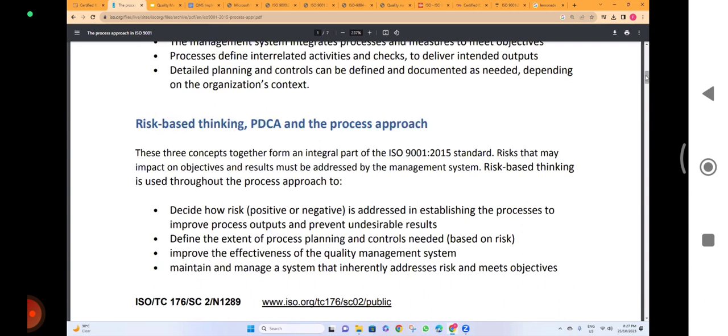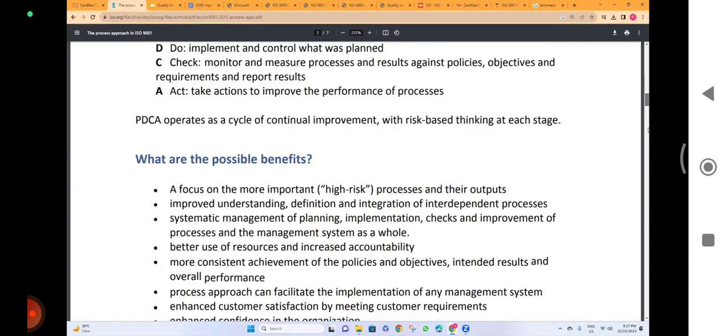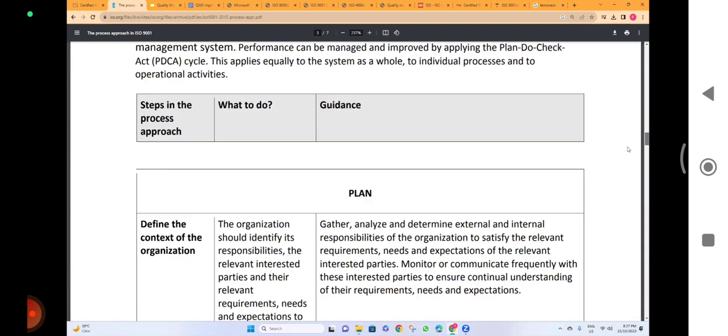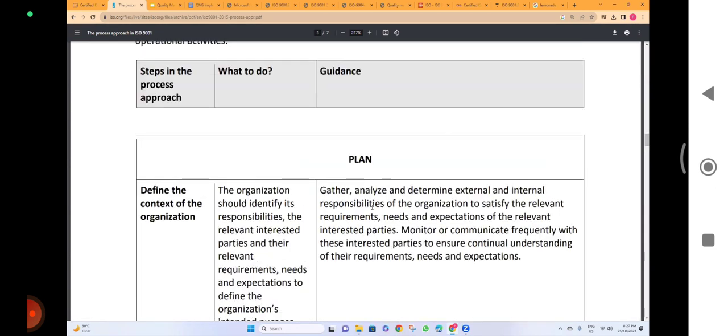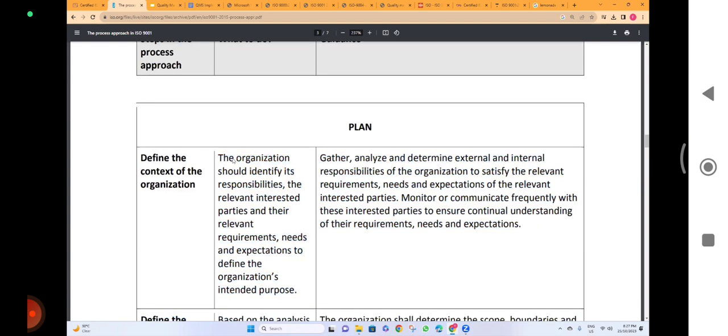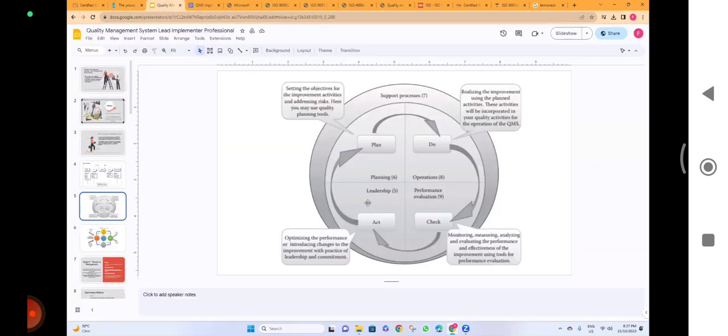What you have to do in the guidance is already there. All you have to do is just grab a copy of this document. What can be difficult is basically to explain and customize this to your organization. So that is why I'm showing you the building blocks of the quality management system, so that you can understand the reason behind each action, and that way you can do it more effectively.